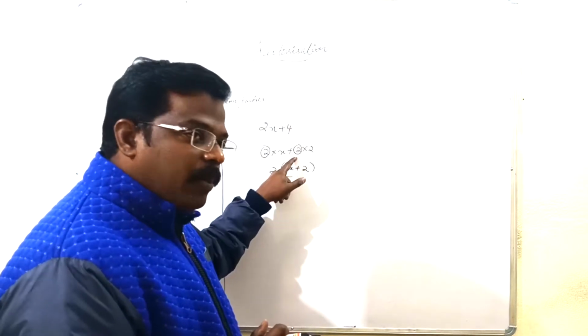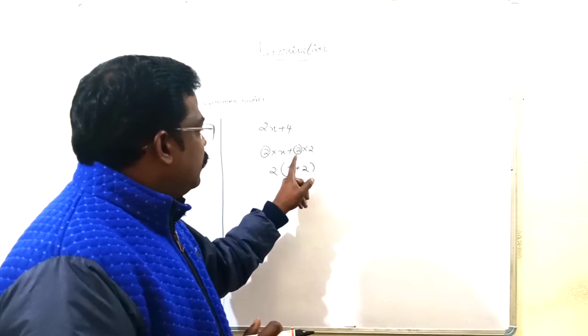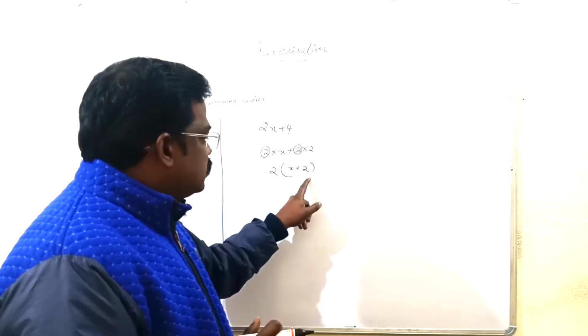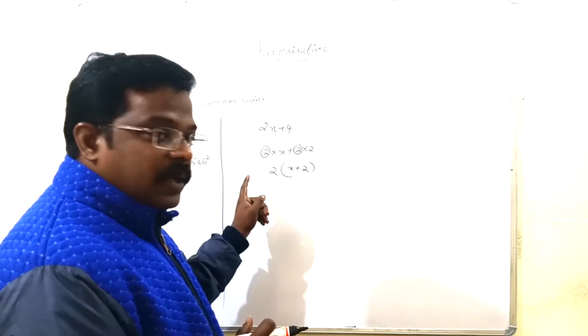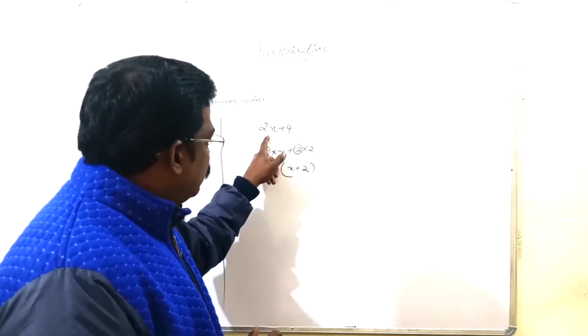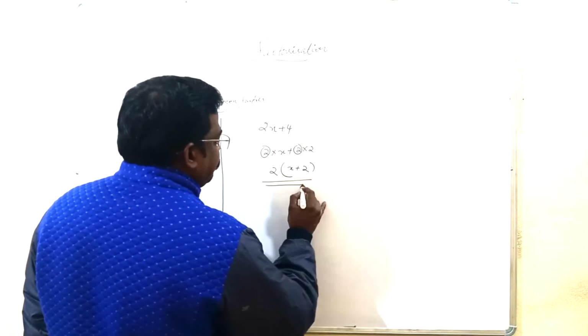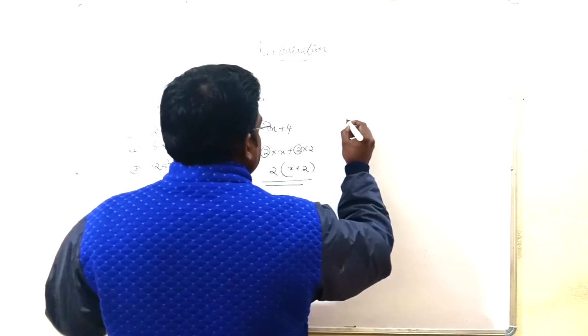Then we found the common factor and took it outside, and the remaining x and 2 are joined by plus, giving x plus 2. You can check whether your answer is correct: 2 into x is 2x, 2 into 2 is 4, so 2x plus 4. You got the answer.